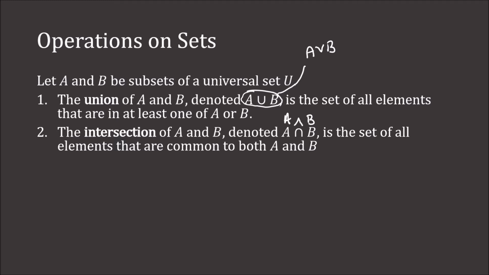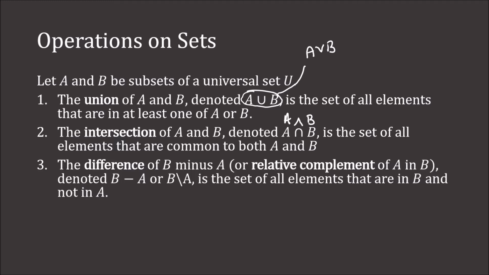Now we have a set difference, so the difference of B minus A, or the relative complement of A in B, which is denoted either this way, or more commonly in set theory, this way.